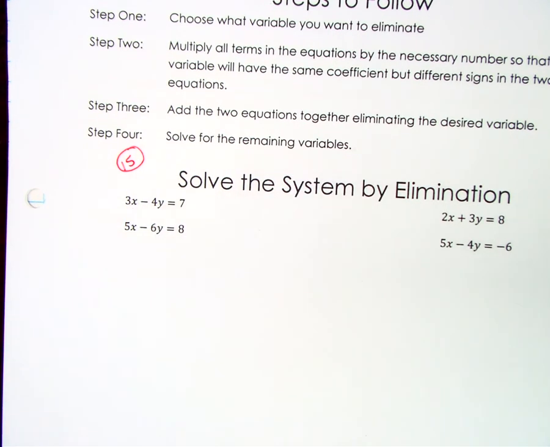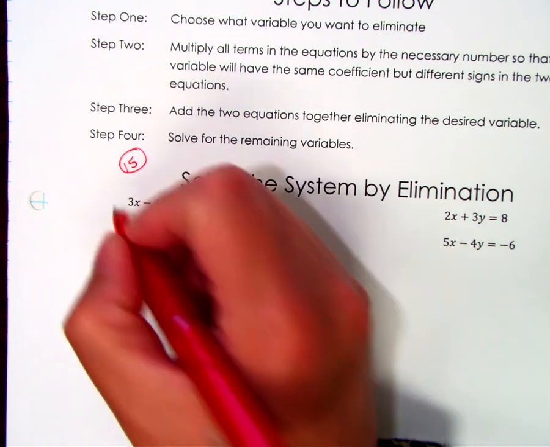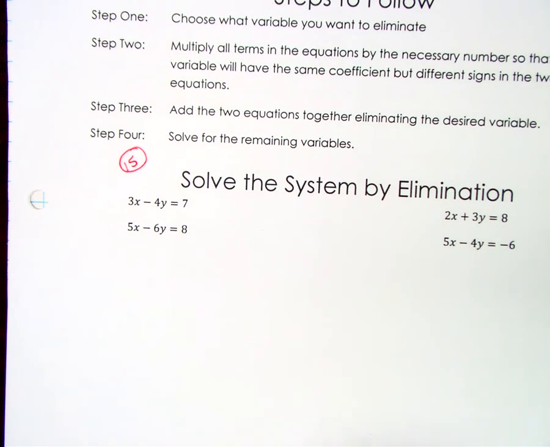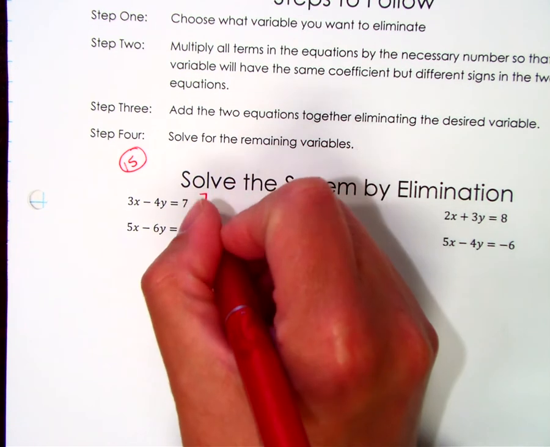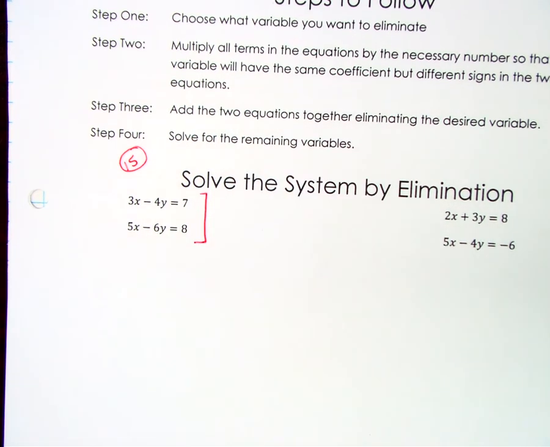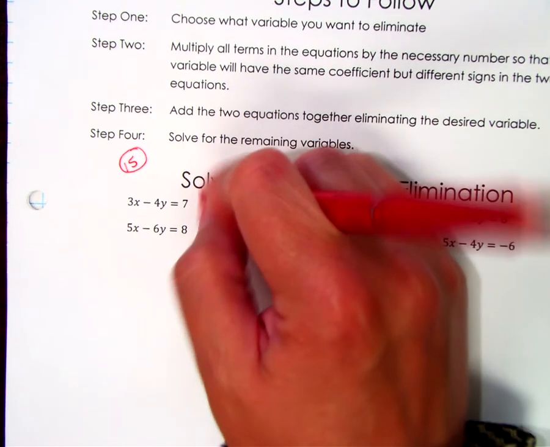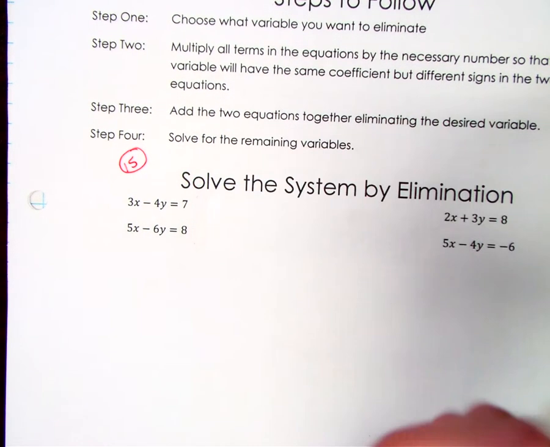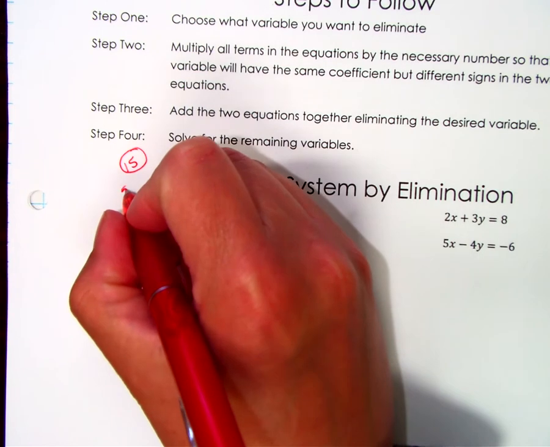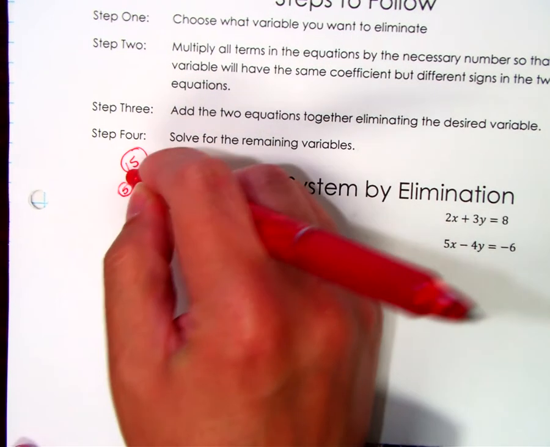Wait, which one are we doing? 5. Which one are we doing? The first one? The first two. A system involves two equations. Okay. So we're going to take the first equation of the system and we're going to times everything by 5.